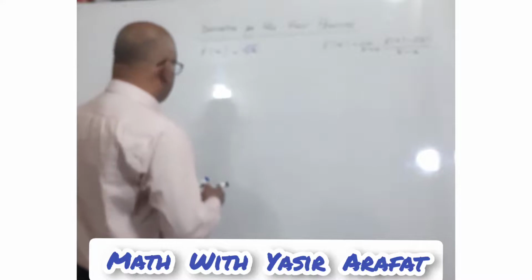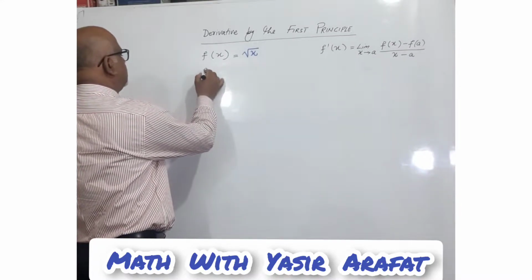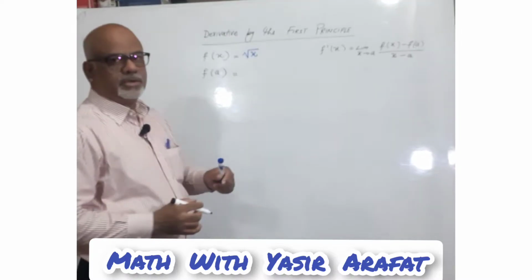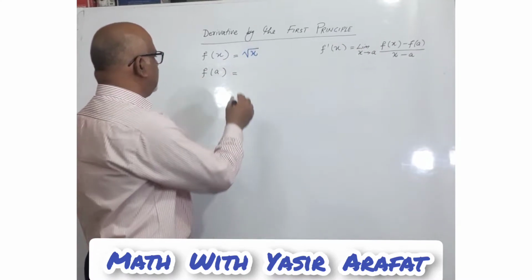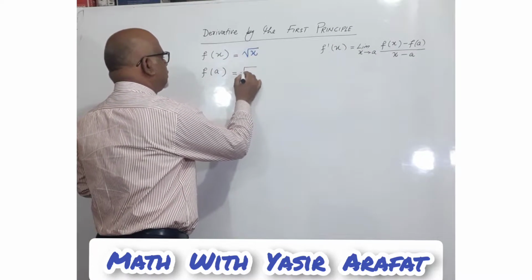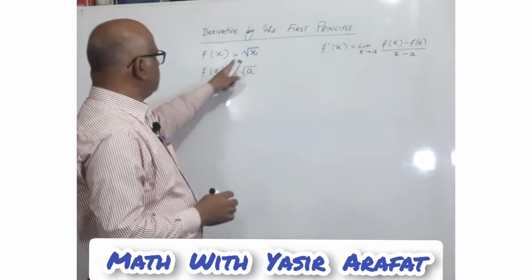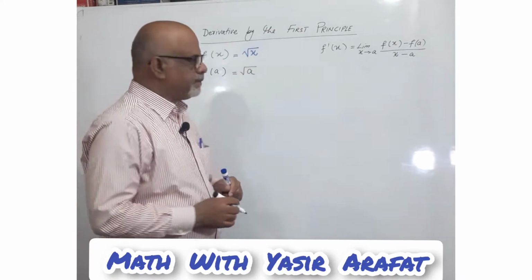So here, first we have to find out f of a. So we have to replace x with a in the whole function. So this is f of a is equal to radical a.